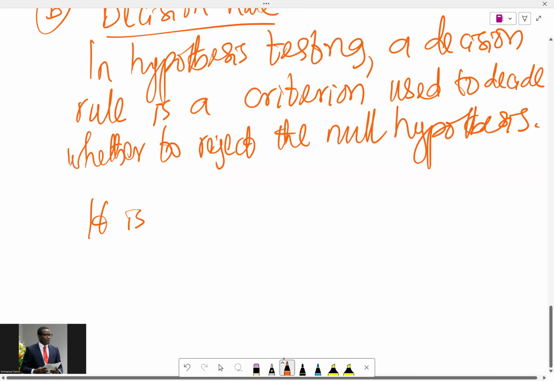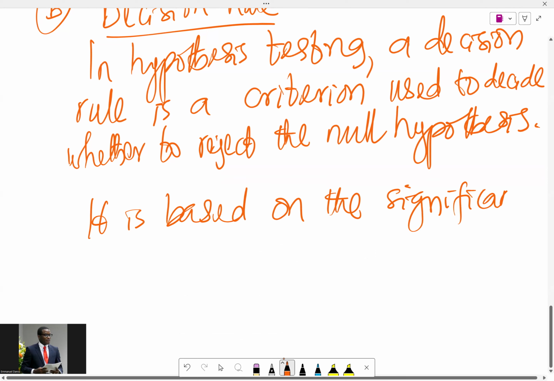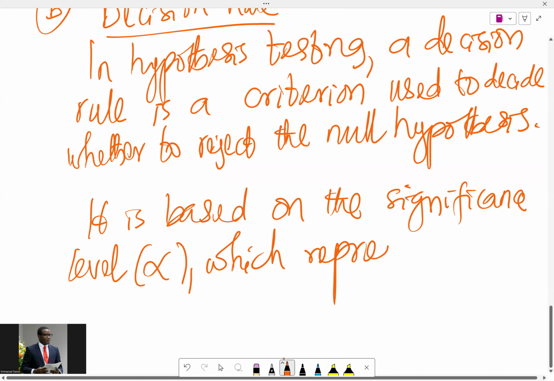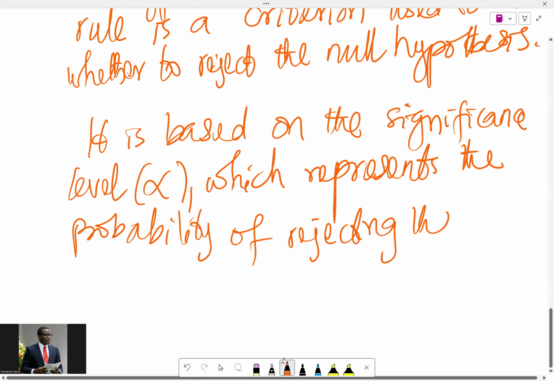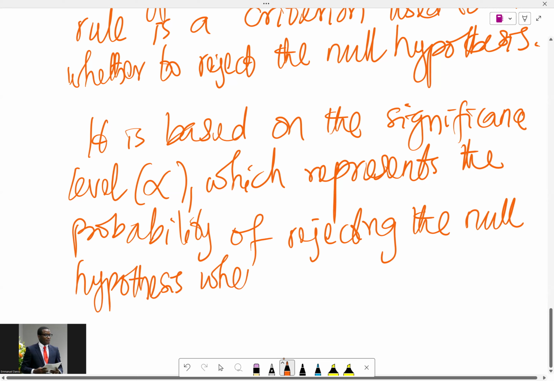It is based on the significance level alpha, which represents the probability of rejecting the null hypothesis when it is actually true.